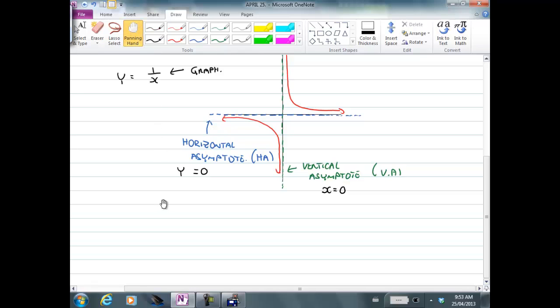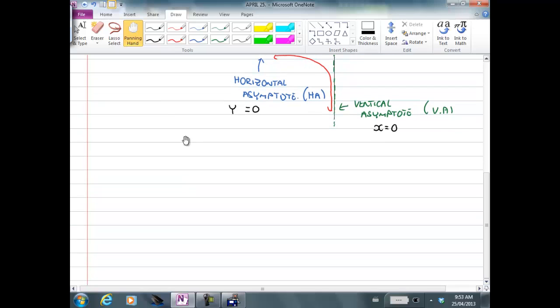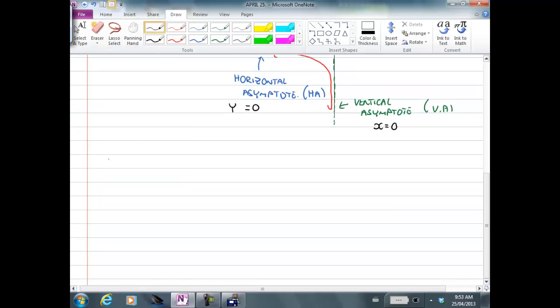Now, if I decided to make it a bit more challenging, because this is too easy, and give you this: y equals 3 over x minus 4, plus 2. Now this question is totally new. Compare this to 1 over x.